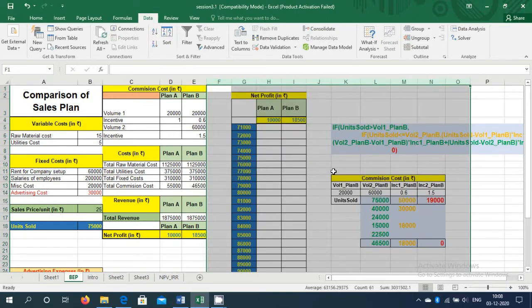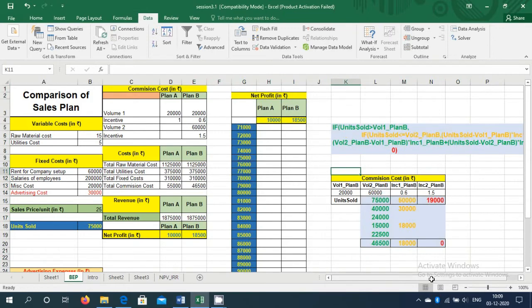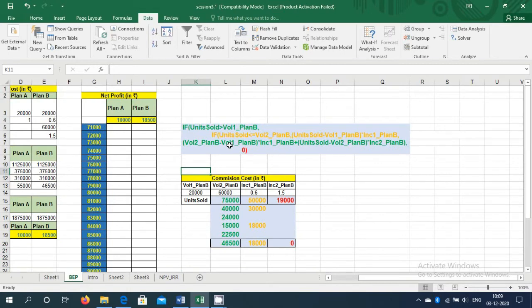See, this is if units sold is more than volume 1 plan B, then this one we have written. I have taken 75,000 over here, that is satisfying the first one. In the first one, for units sold, I have taken 3 plans over here.